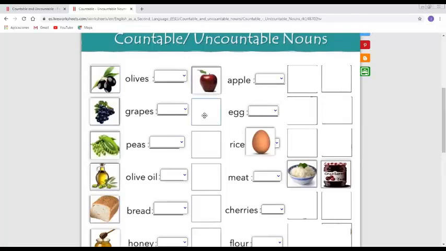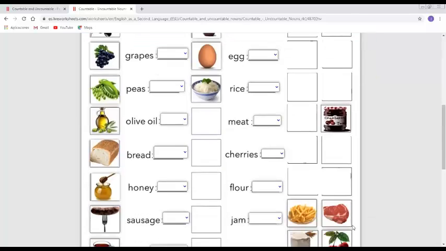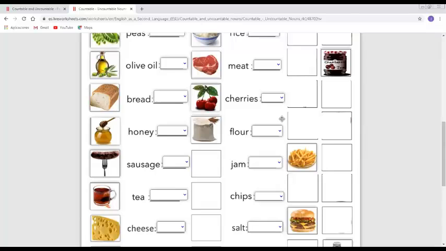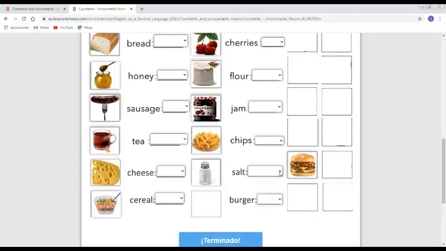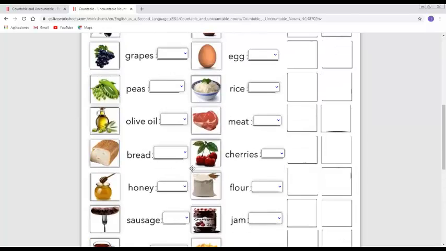Egg. Rice. Then we have meat. Cherries. Flour. Jam. Chips. Salt. And burger. Okay? Now we have to choose if it is countable or uncountable.